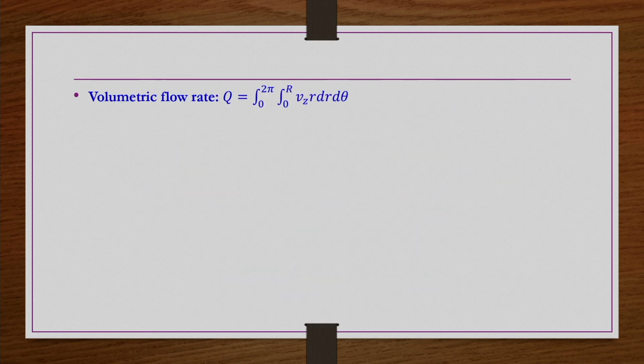Now, if you want to find the volumetric flow rate, you can do the integral 0 to 2 pi, 0 to R, Vz r dr d theta, because Vz as a function of r is known. It is not a function of theta. So, we can write 2 pi integral 0 to R Vz r dr. Further, we write r by capital R, so dr also can be written as d(r by R).